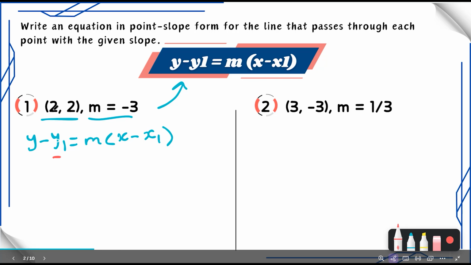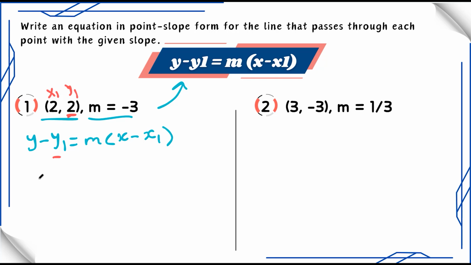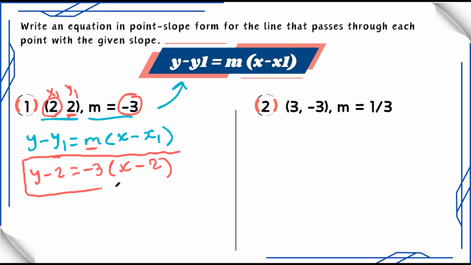This is x1, y1. y1 here is 2, so y minus 2 equals. The slope here is negative 3. Multiply x minus x1. x1 here is 2. Then we are done, and we have the point slope form for this line passing through this point with its slope negative 3.